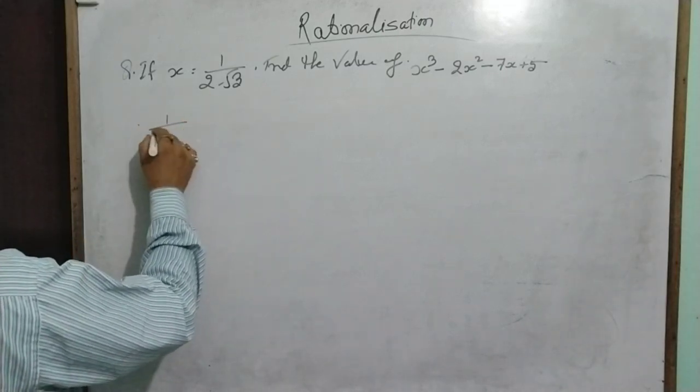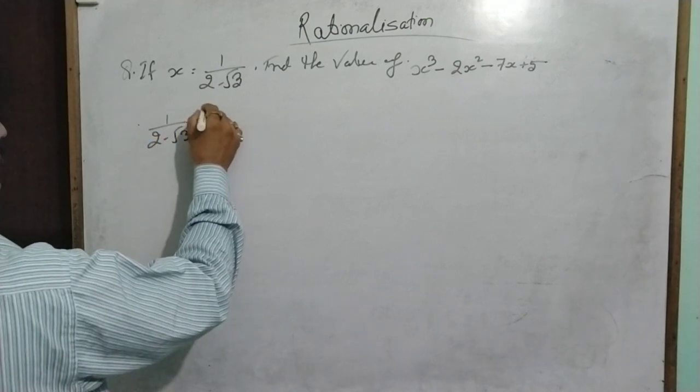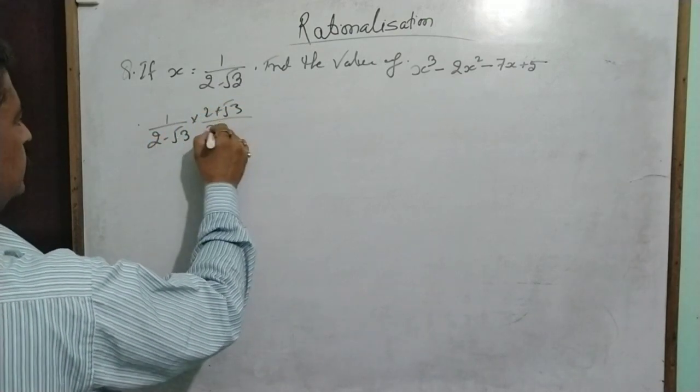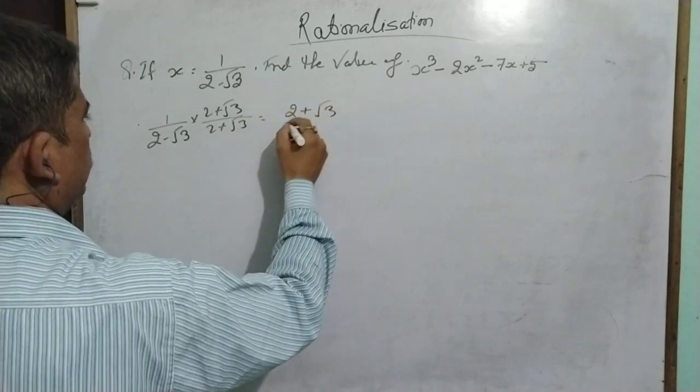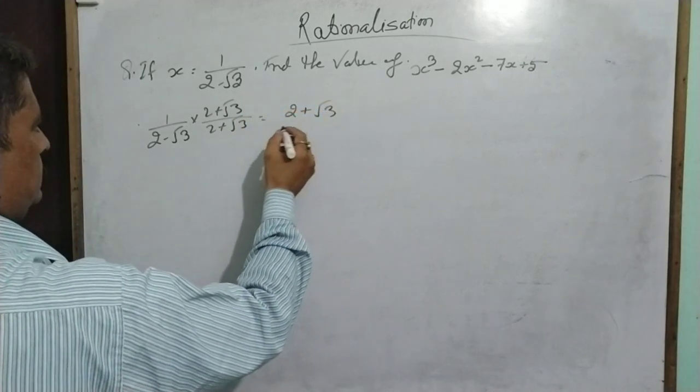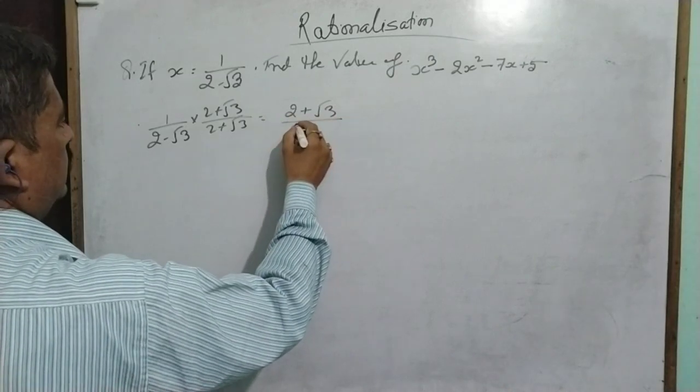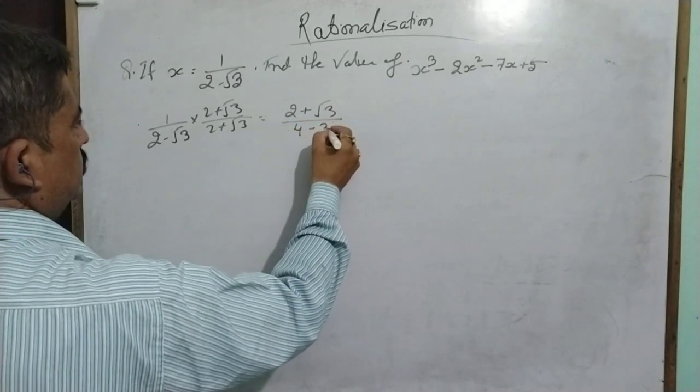First of all rationalize that: 2 minus √3, multiply by 2 plus √3 by 2 plus √3. So 2 plus √3 by 4 minus 3.